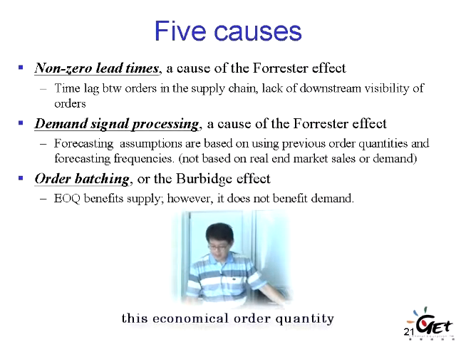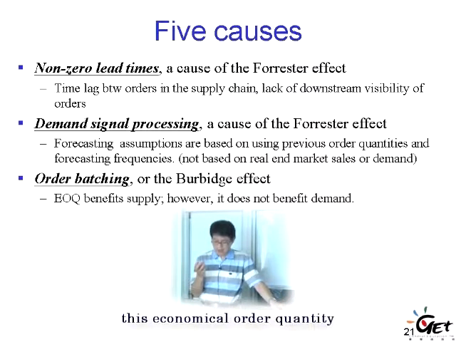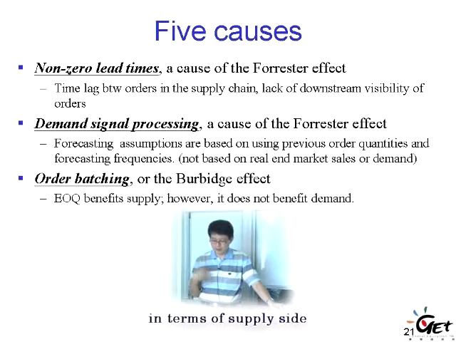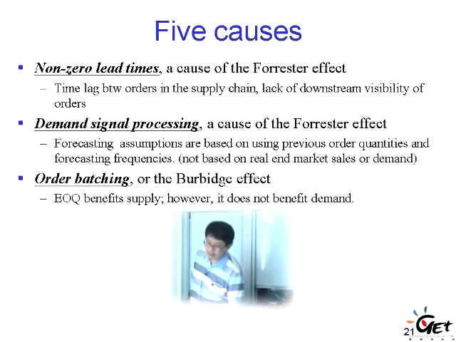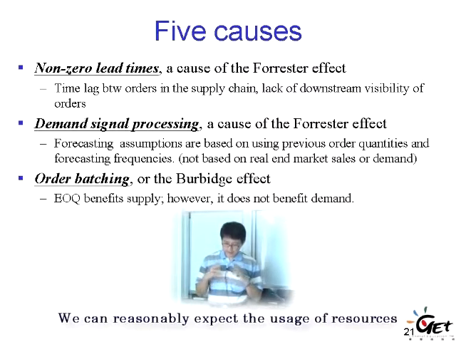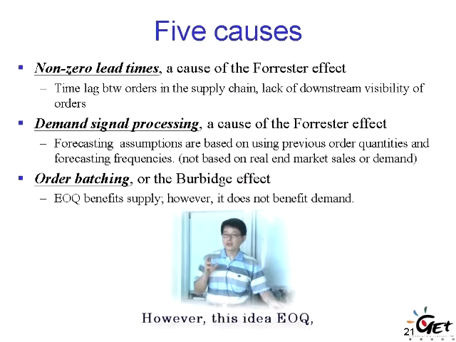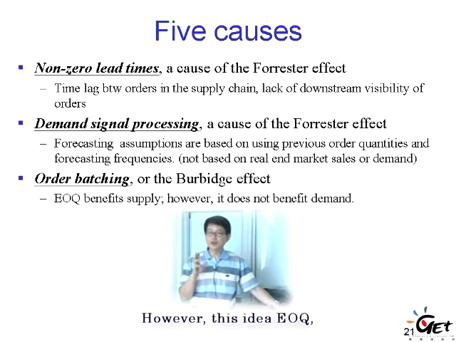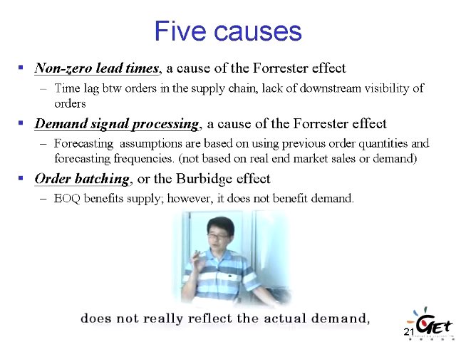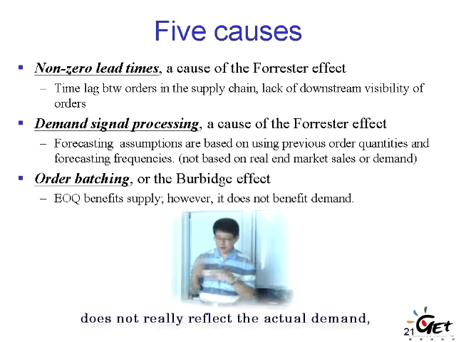However, this economic order quantity may minimize our cost in terms of the supply side. Okay, we can reasonably expect efficient usage of resources. However, this idea, EOQ, the order batching, does not really reflect the actual demand.